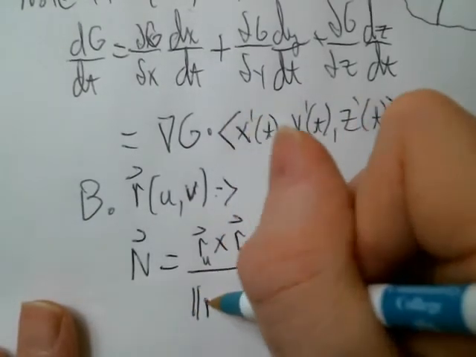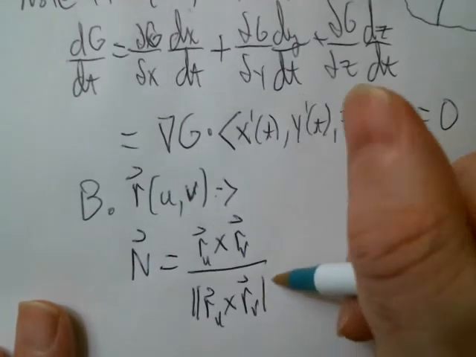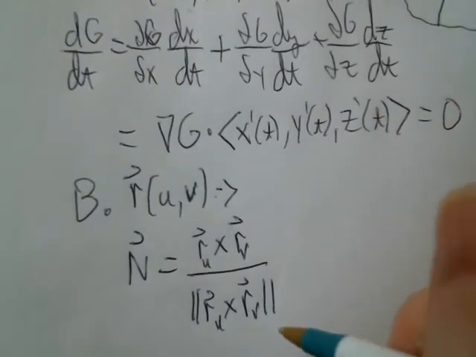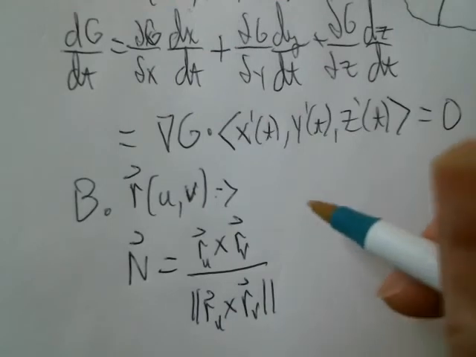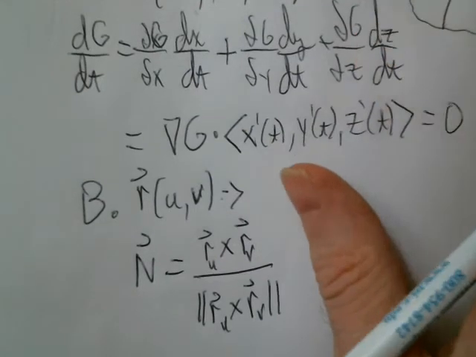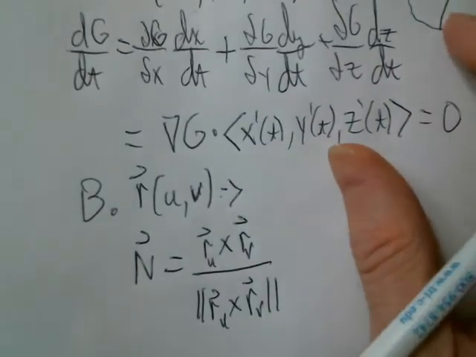Okay? And I hope you appreciate the fact that this thing looks an awful lot like the ingredients we used for our surface integrals over surfaces. Surface integral of f over some surface S, right? Or just finding surface area.